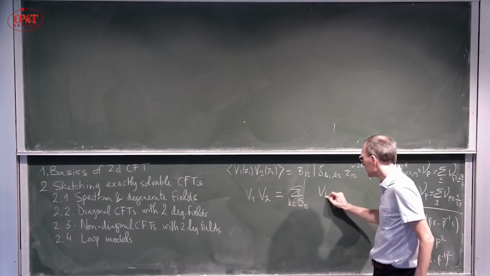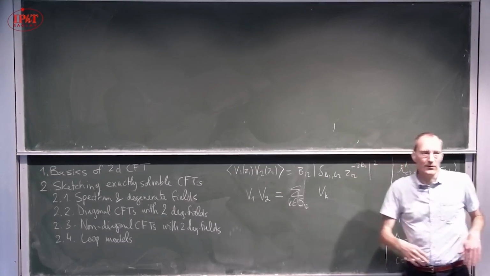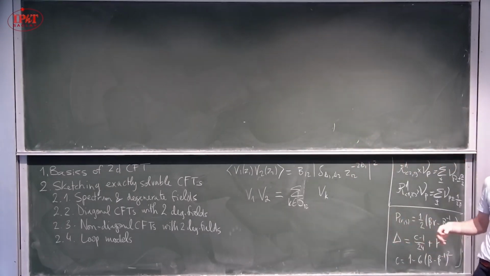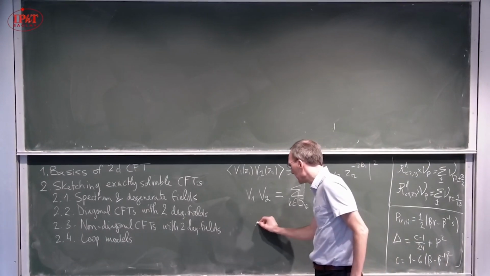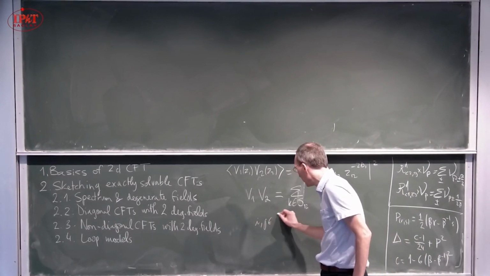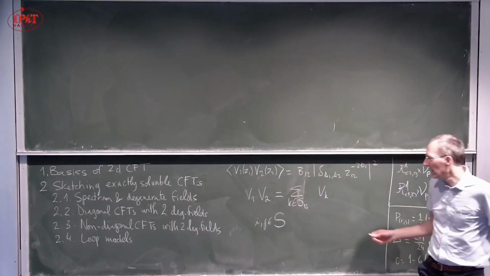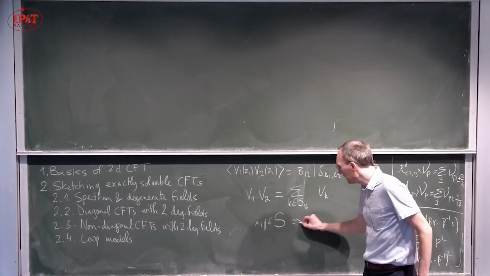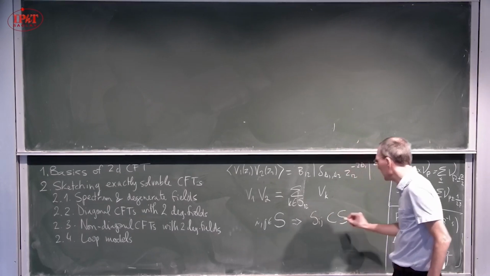We want the spectrum of our CFT to be closed under OPEs, meaning that if i and j belong to the spectrum, the whole set of primary fields in our CFT, we want any S_ij also to be included in this set.